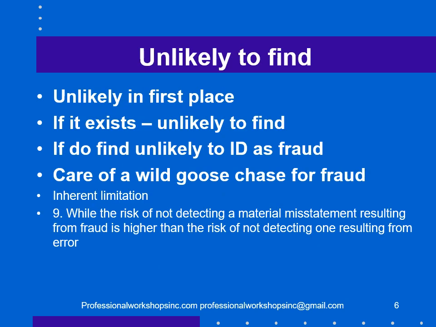And also remember that we're unlikely to find fraud. The number of frauds that materially misstated the financial statements that an auditor finds in their career is one or maybe two. And again, you often first trip over it as an error. You find something that's wrong. You go, well, that doesn't look right.